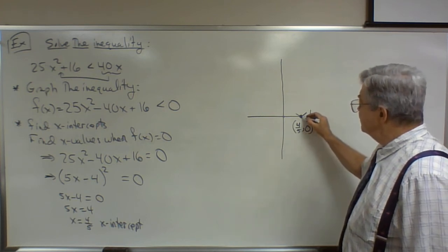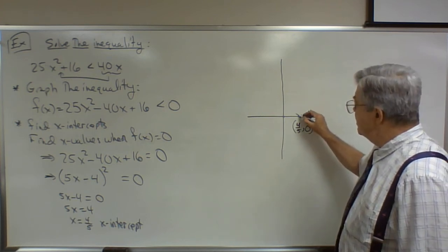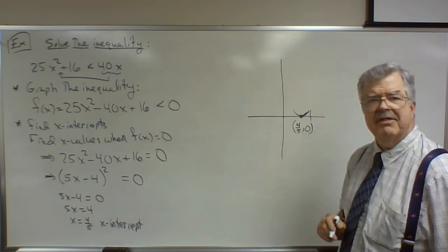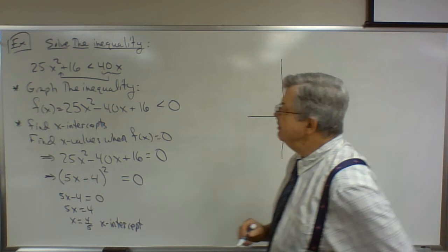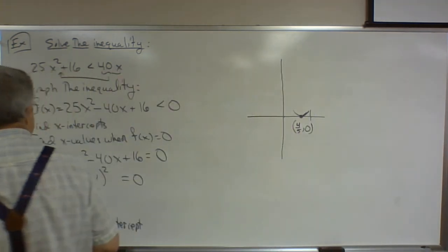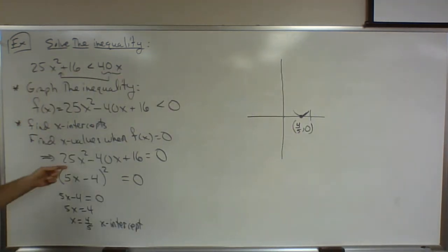So the rest of the graph has to be above the x-axis like that. And it makes sense. Let's look at our quadratic function again before we actually factored it. Look at what A is.